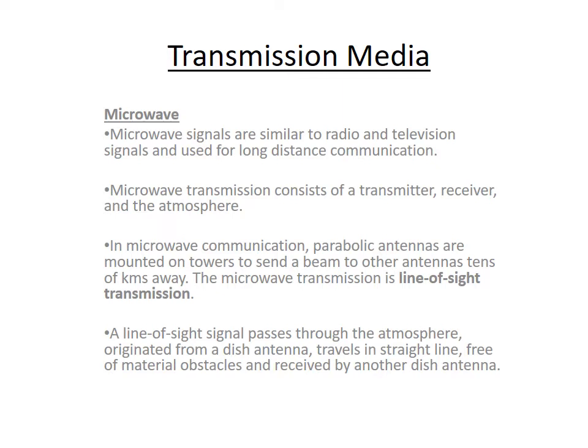The microwave transmission is line of sight transmission. A line of sight signal passes through the atmosphere, originates from a dish antenna, travels in a straight line, free of material obstacles, and is received by another dish antenna.